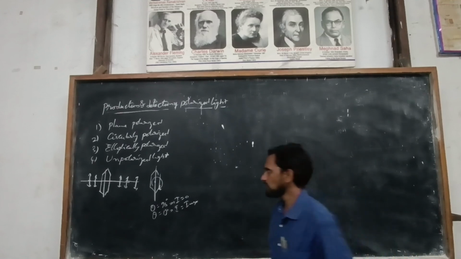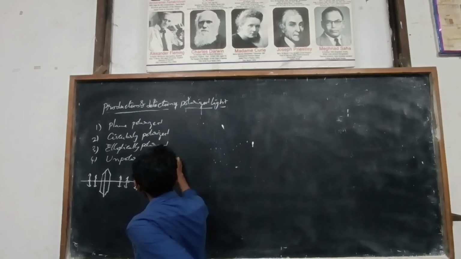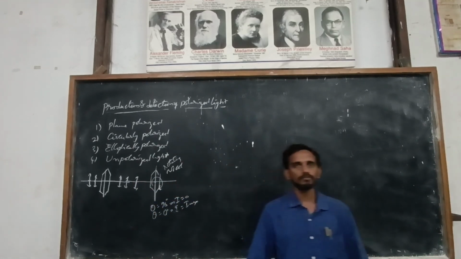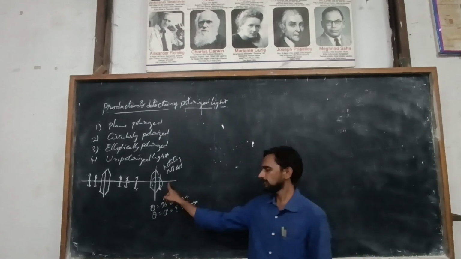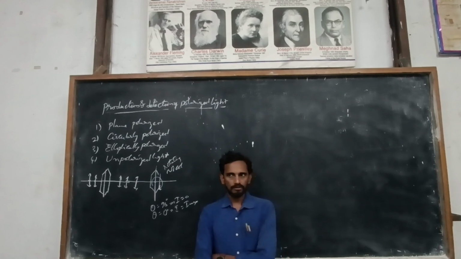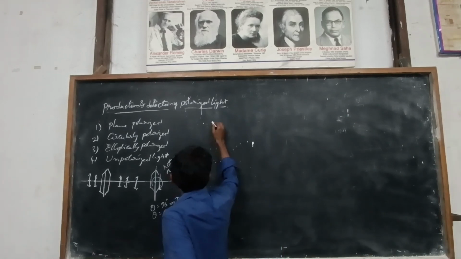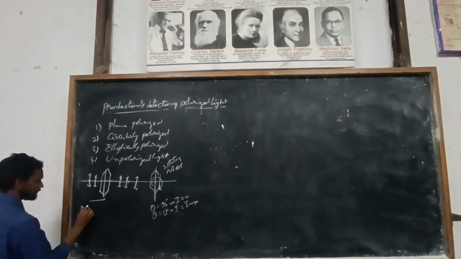So when this light passes through a rotating crystal, we call it a Nicol prism, rotating Nicol. We will be able to detect polarized light. So this is production of plane polarized light.